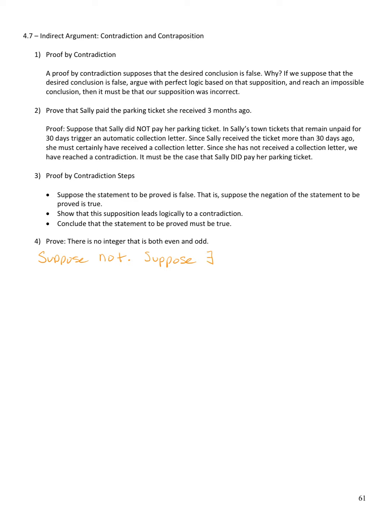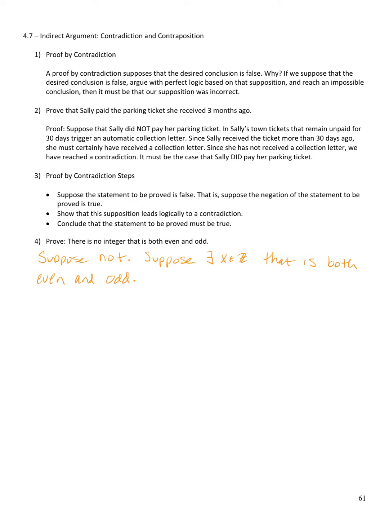Suppose there exists an integer that is both even and odd. So if we're trying to prove that there is none, we just have to suppose that there is one. That is the negation. So suppose that there is an integer that is both even and odd.